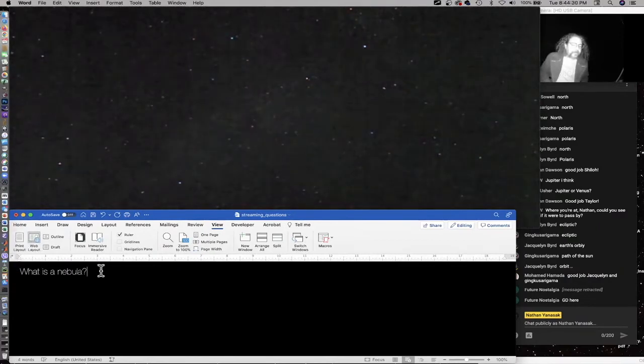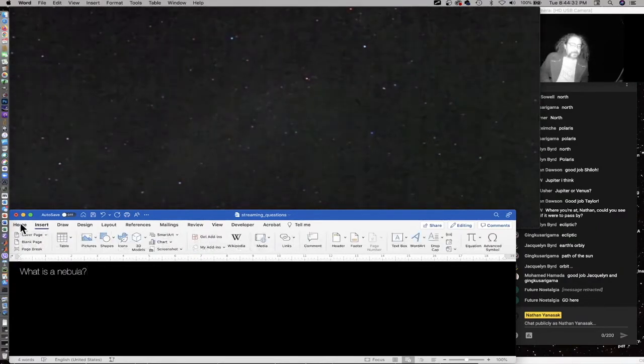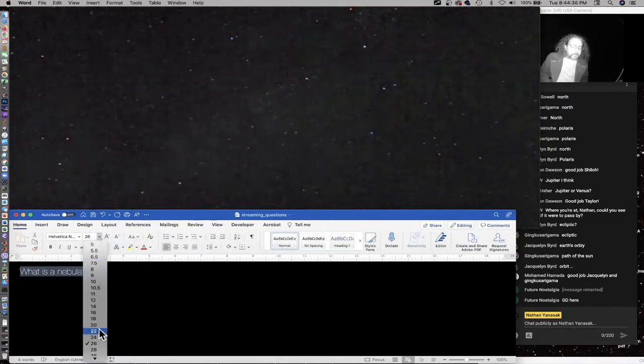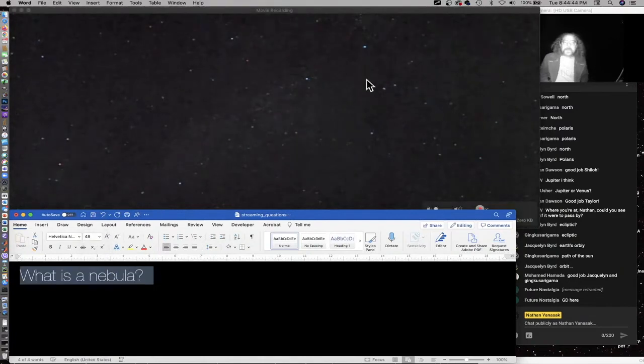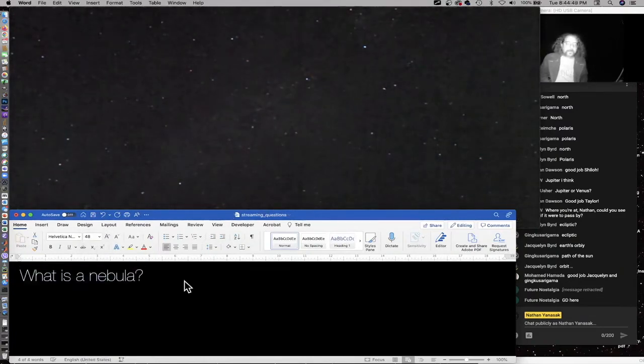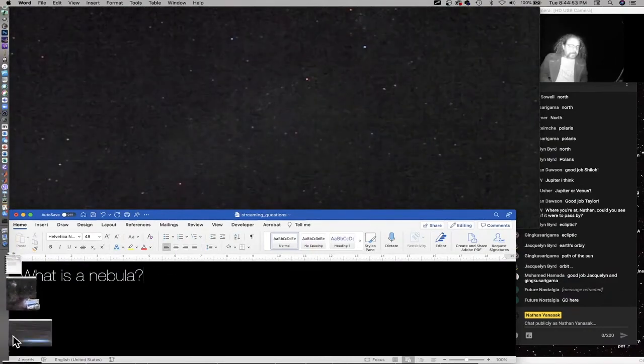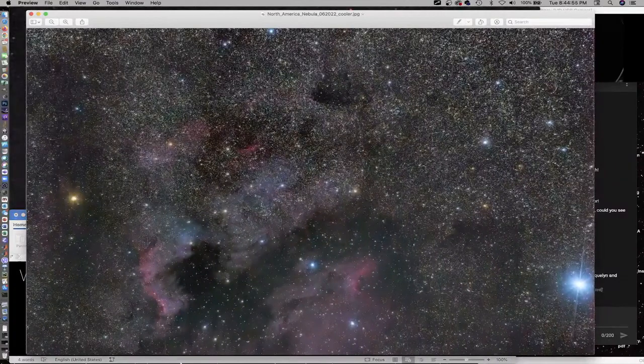I don't know why my font got smaller. But ponder that question for a second. And I'm going to show you what's actually there. There's actually a big nebula there. And it looks like this.